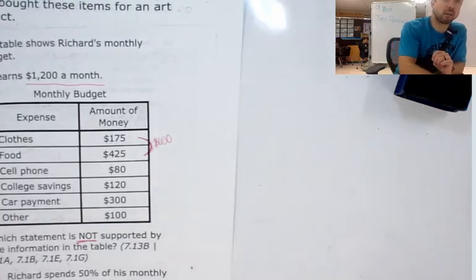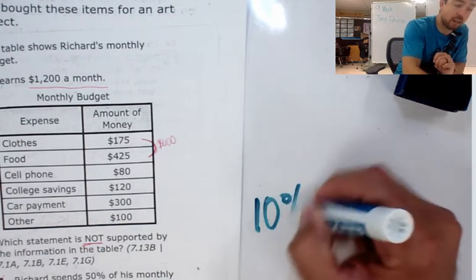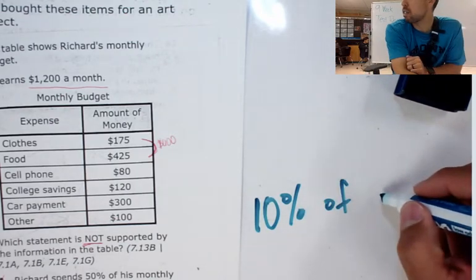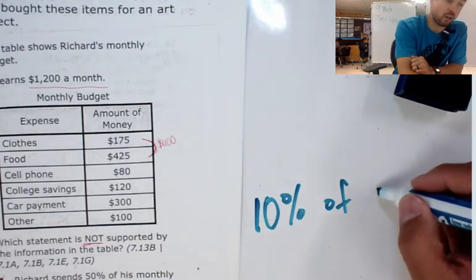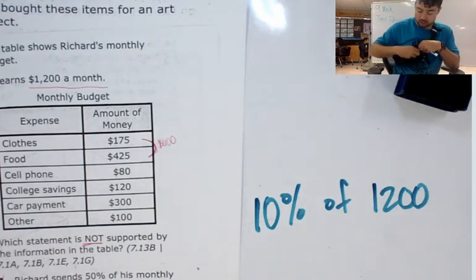So whenever we're calculating a percent of a number, we've been working on that the past couple days. We're talking about 10%. 10% of what number? How much was his budget? $1,200. We said that word "of" mathematically tells us to do what? Multiply.